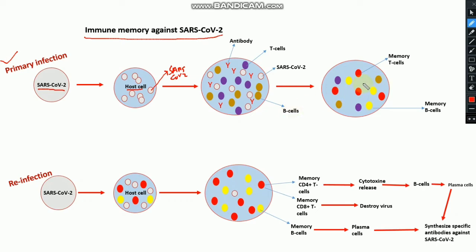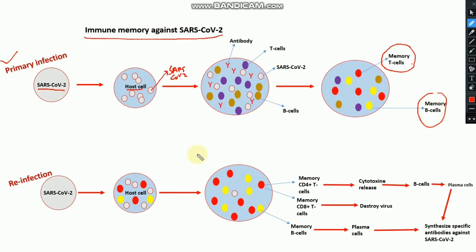But a small percentage of these cells can survive for a longer time period, and these cells are the memory T cells. So memory T cells are formed here, as well as memory B cells, right?